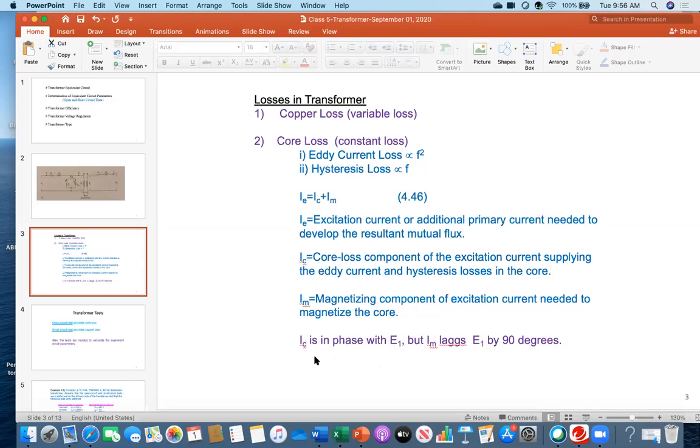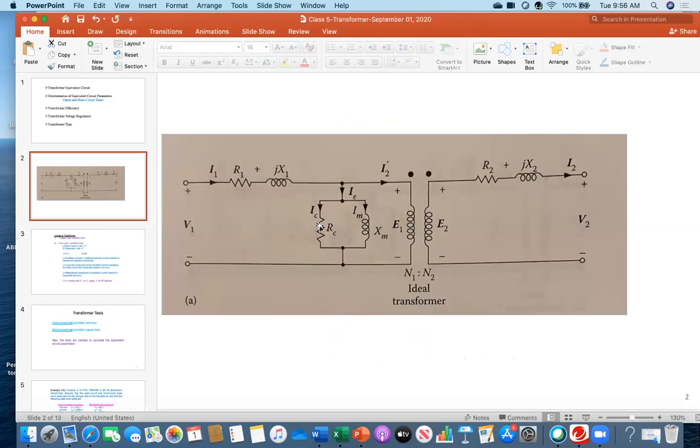And then I have written this one, you see. IC is in phase with E1, but IM lags E1 by 90 degrees. This means, if you see the picture, E1 is the excitation voltage of the primary coil. And because these are all parallel, but this is a resistance, you know the property of resistance, the relationship between voltage and current.